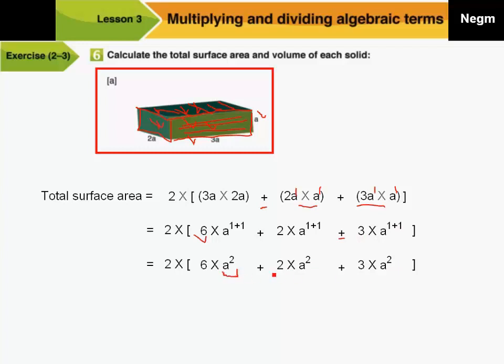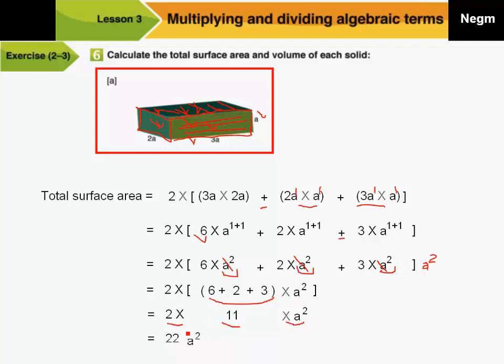If we take a to power 2 outside the two brackets here, we will have 6 plus 2 plus 3. 6 plus 2 plus 3 is 11, times a to power 2. 2 times 11 is 22, times a to power 2. And this is the total surface area.